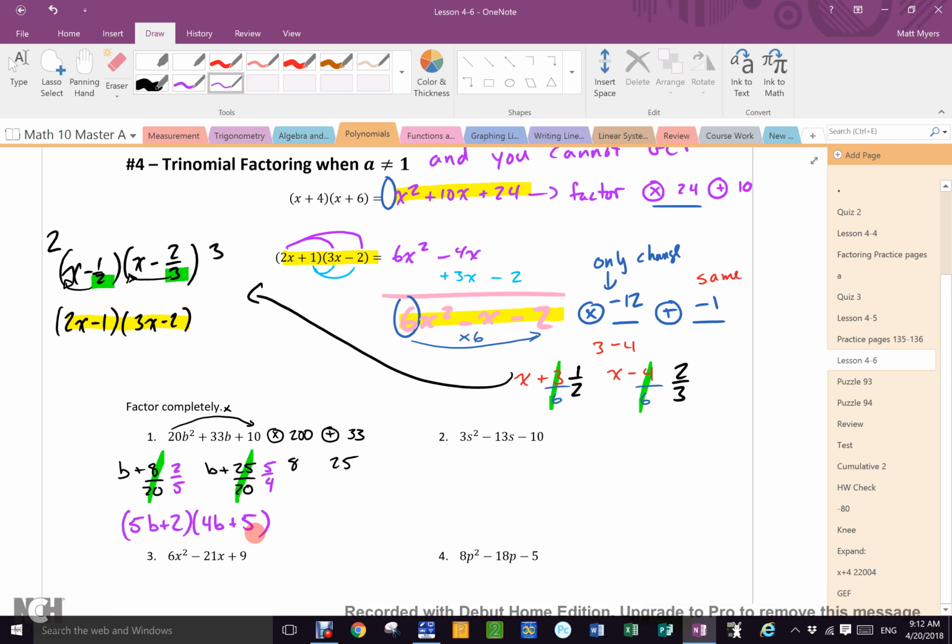Of course not. Is 5 times 4 20b squared? Yep, so I'm good. Is 2 times 5 10? So I'm good. If the edges are good, the middle's good. It's automatic. Is everybody cool?